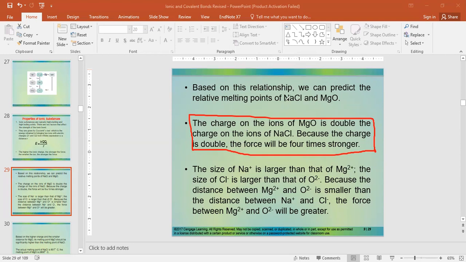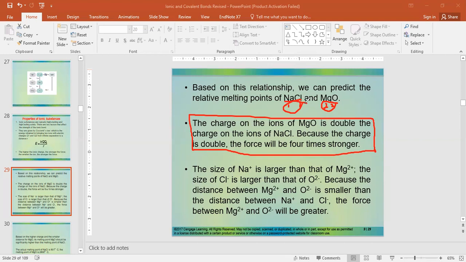And we are comparing sodium chloride and magnesium oxide. So this is 1, 1, and this is 2, 2. When you put that in the equation, you realize that it is expected that this one will be a factor of 4 and this will be a factor of 1, and based on that alone, you would expect the bond in magnesium oxide to be 4 times stronger.